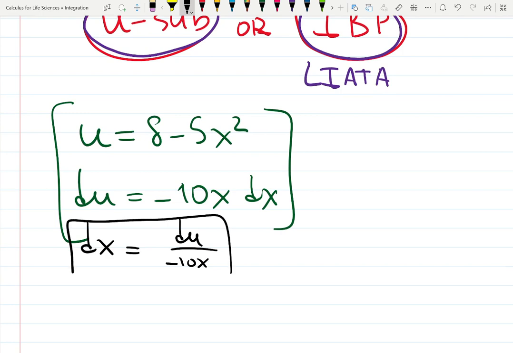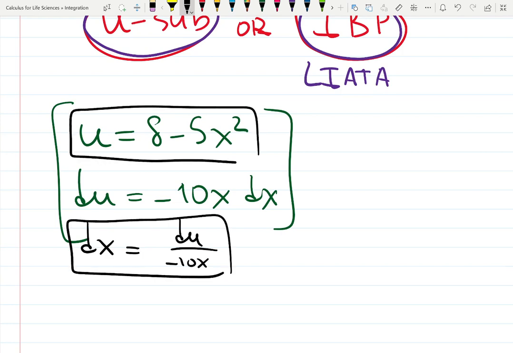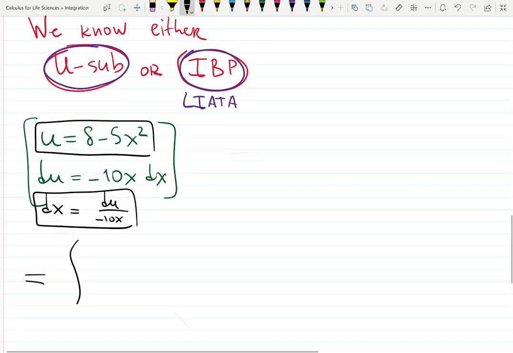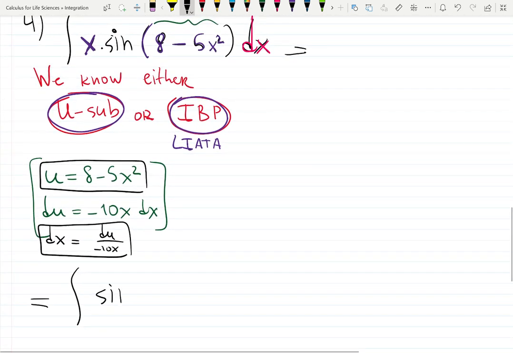Plug the first equation and the last equation into the integral, and you basically perform a transformation from the previous integral. Now we have sine of u, that was the whole point. You see how nice this integral looks. dx is du over minus 10x. x cancels out with x.